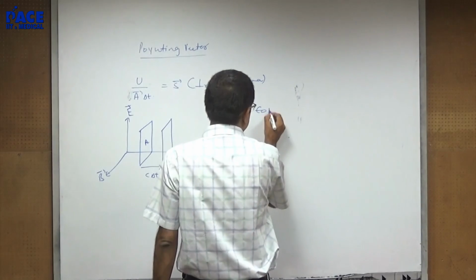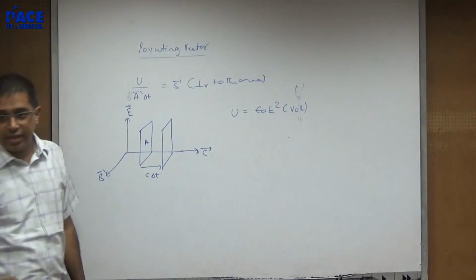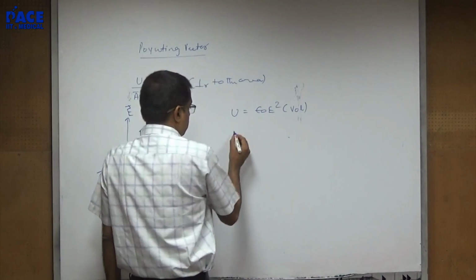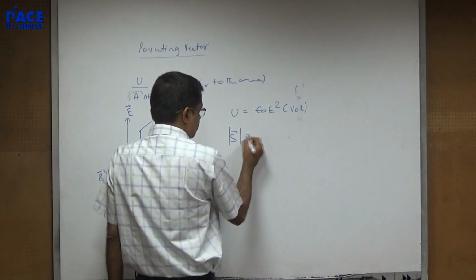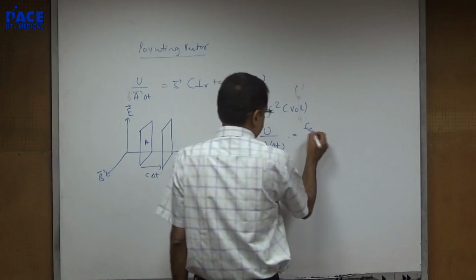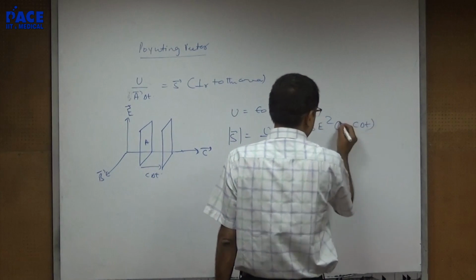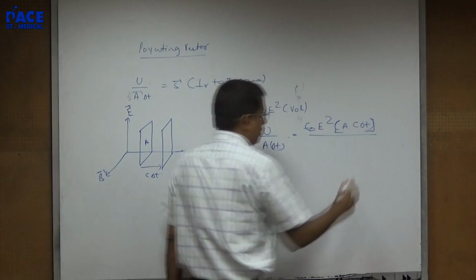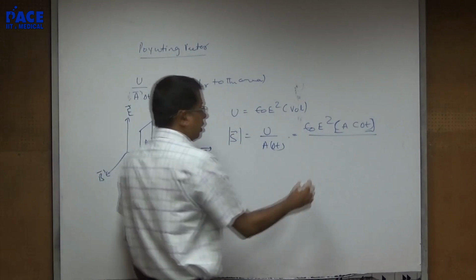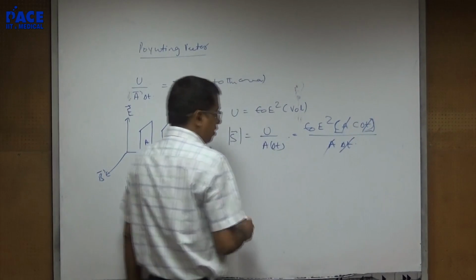Energy carried is epsilon naught E square into volume, because you calculated the energy density. Now, your requirement is U divided by A delta T. This is epsilon naught E square into volume, which is A into C into delta T. See if you are convinced. The volume covered is area into this length. In the denominator you will have A into delta T. Delta T and A will go.